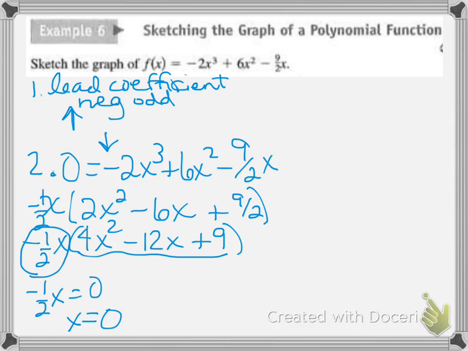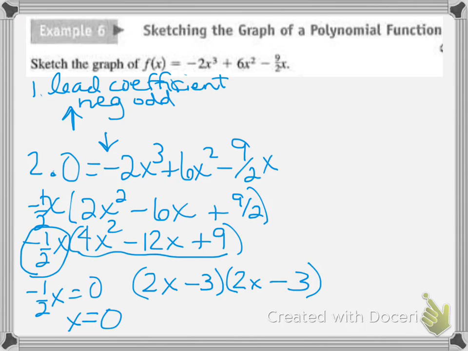Do you see it? What's the square root of 4x squared? And what's the square root of 9? And if we put a minus sign in both of these, this is what we have.